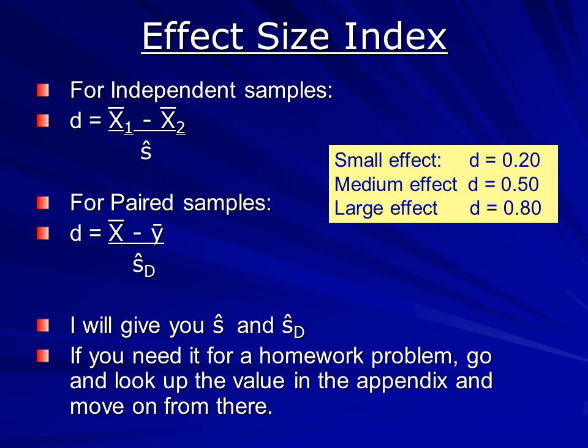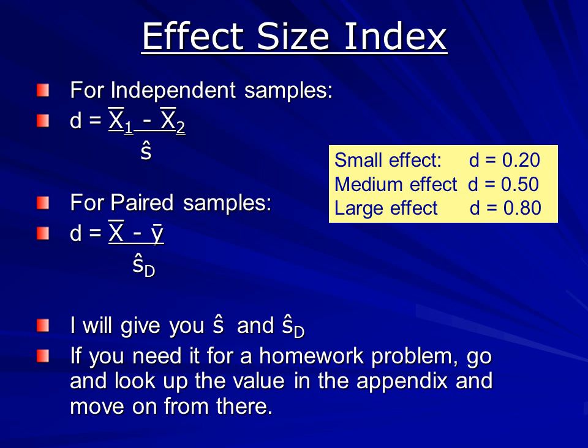All right, so let's talk about effect sizes. We've been talking about effect sizes all semester. Lowercase d, we talk about the effect, the difference between two means. Last exam, we talked about effect size indices for correlations, lowercase r's, 0.1, 0.3, 0.5, whereas effect size indices for averages, for mean differences, are lowercase d's.